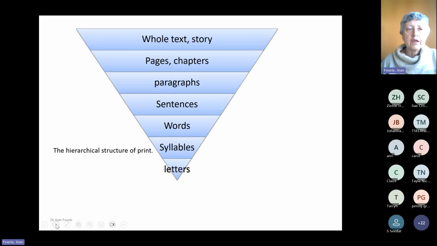There is a hierarchical structure of the letters and sounds on the page, which come together to make words and syllables. And then those words make up sentences. We combine sentences together to make paragraphs. We combine paragraphs to make chapters and pages, and then we get a whole text.